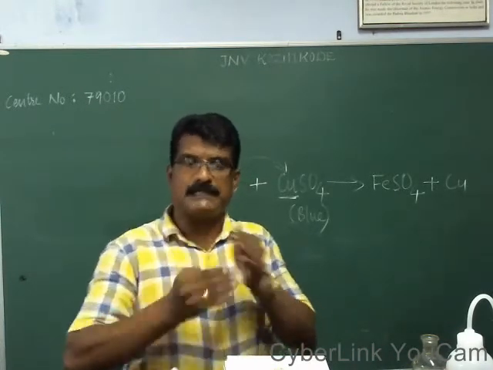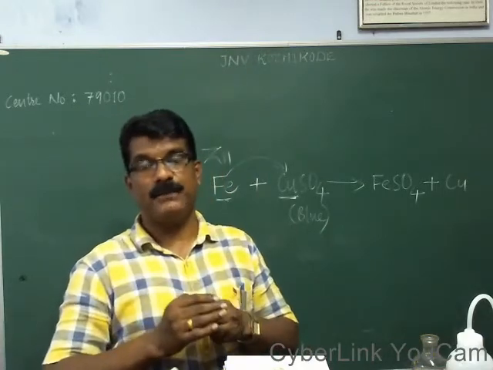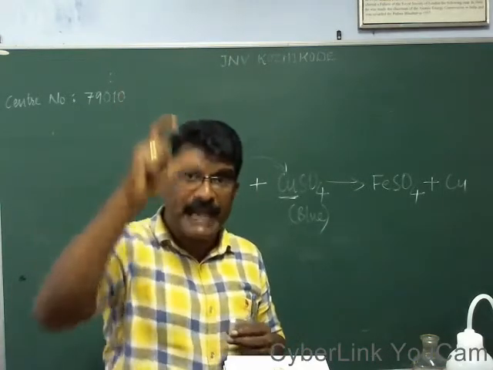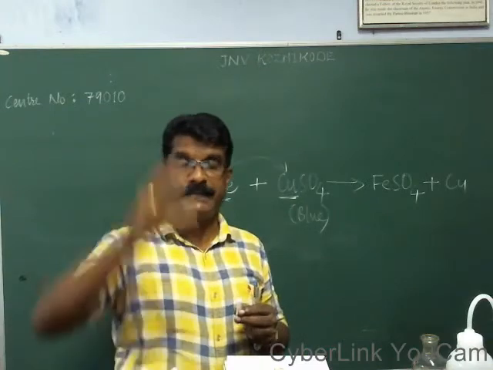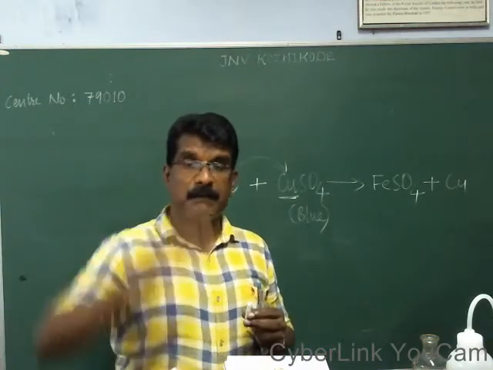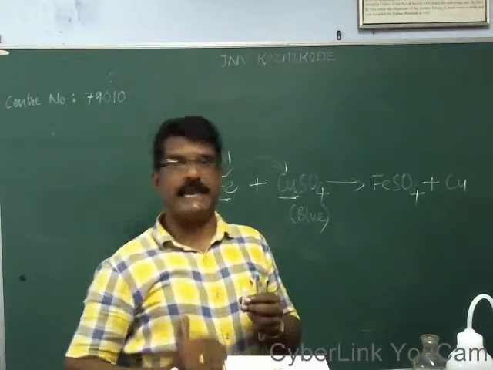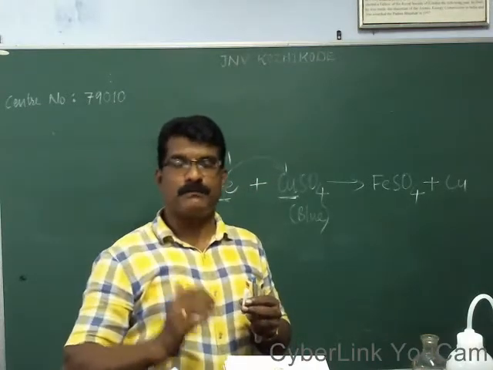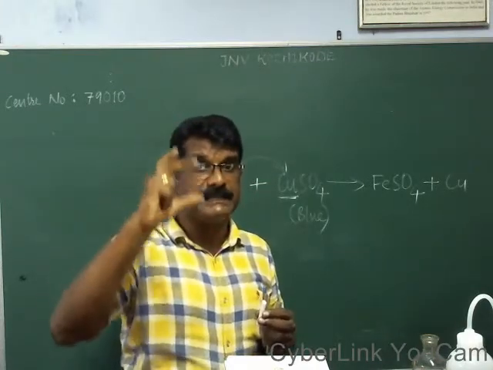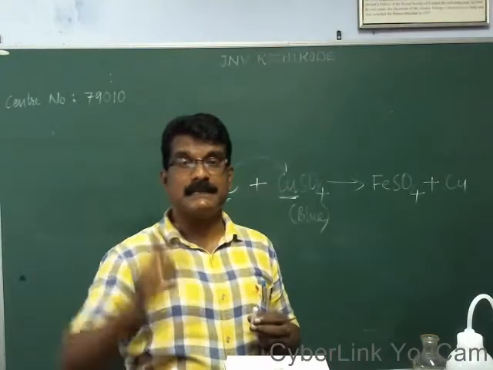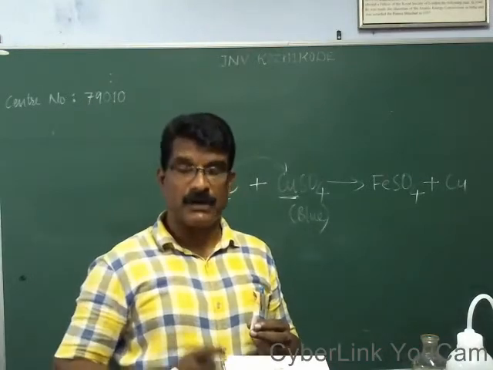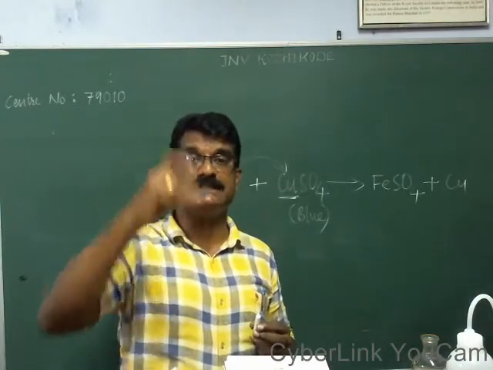By doing this displacement reaction, we can find out the order of reactivity of metals. That means we can arrange the metals from high reactivity to low reactivity. Such arrangement of metals based on their reactivity is known as the reactivity series of metals, or the activity series of metals.